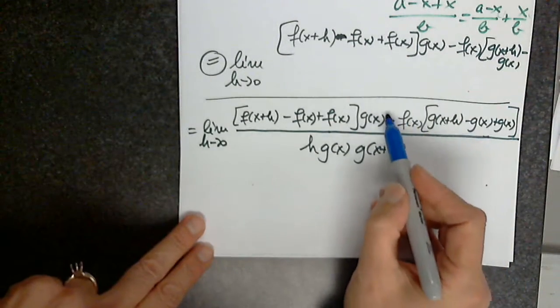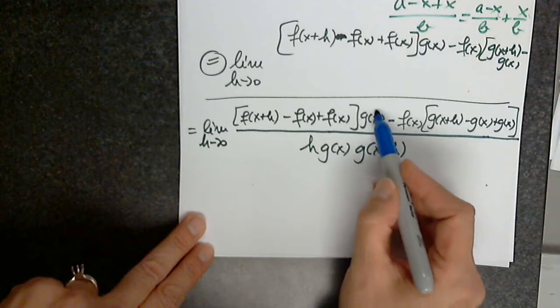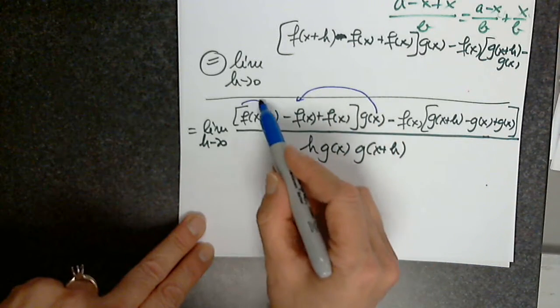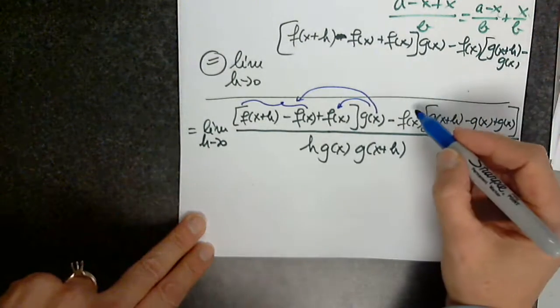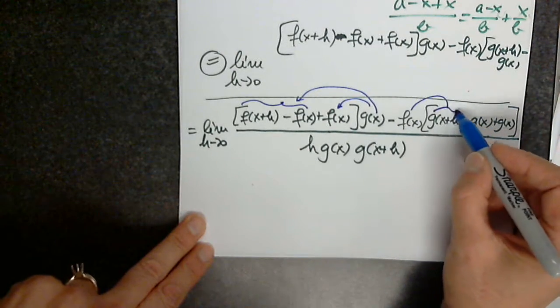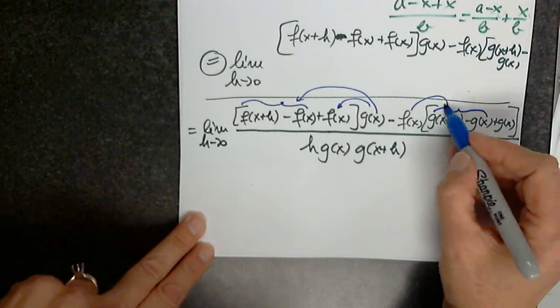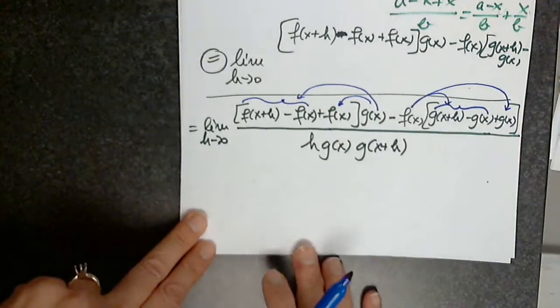Like I did before, I'm going to distribute g of x here and g of x here. I'm going to distribute f of x here and f of x here.